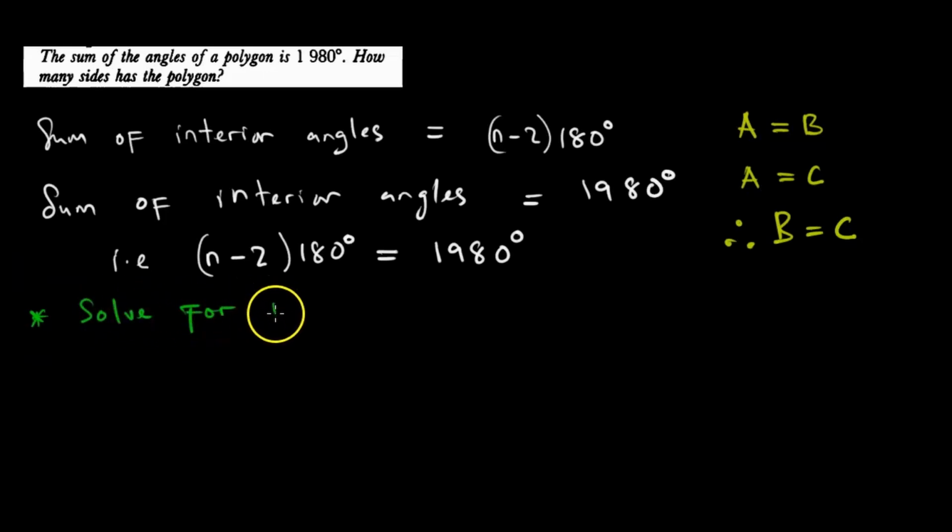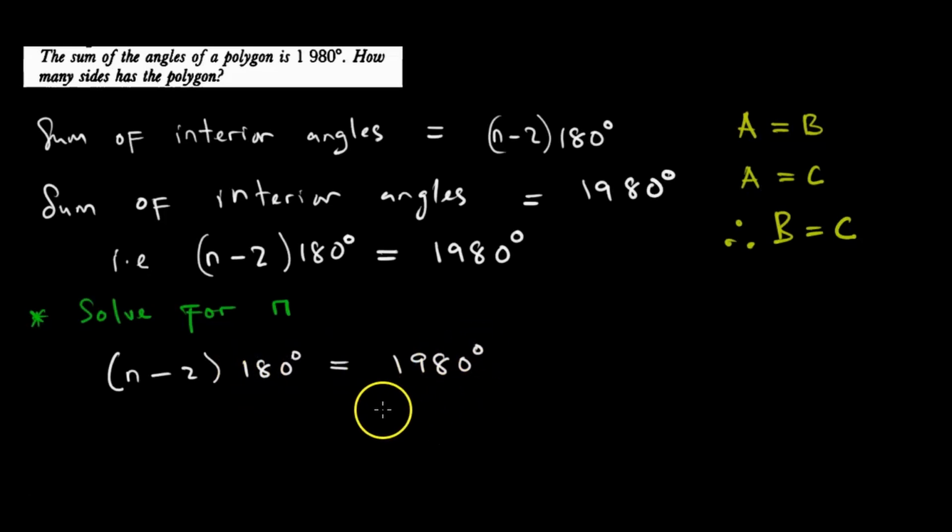Remember, n represents the number of sides. So let us solve for n. We have (n minus 2) multiplying 180 degrees, which is equal to 1980 degrees.